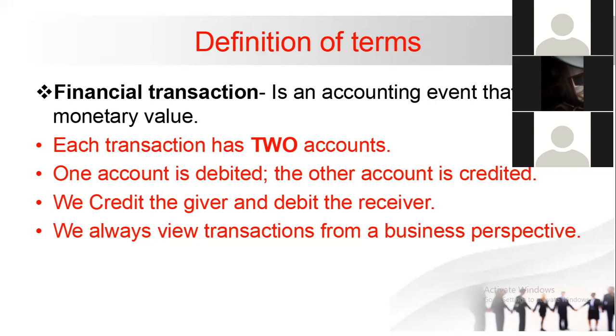So we credit the giver and we debit the receiver. Then last but not least, we always view transactions from a business perspective. Remember, we are accountants and our loyalty lies with the business. So when we view these transactions, we view them from a business perspective.